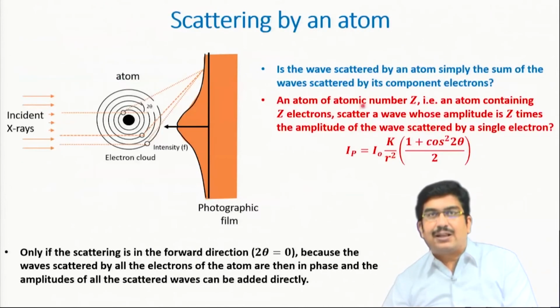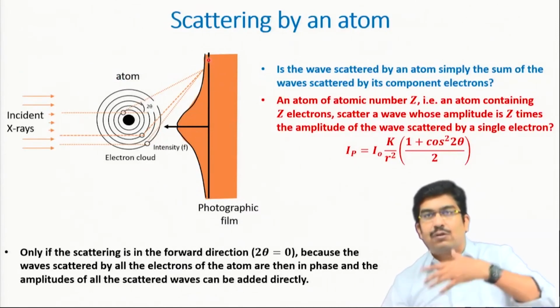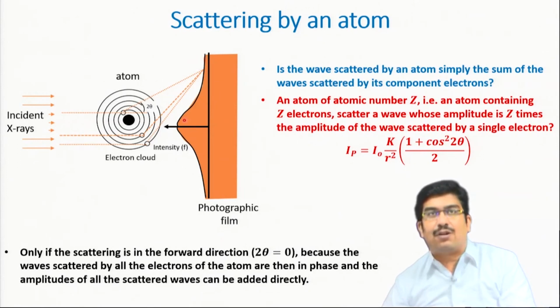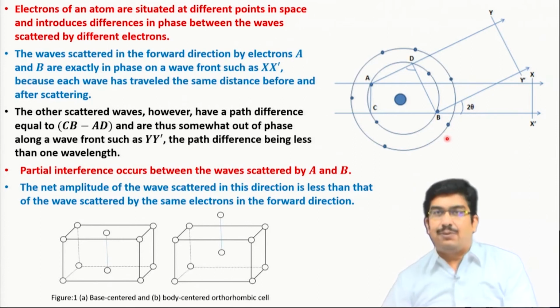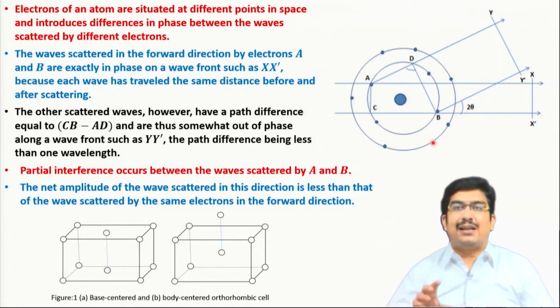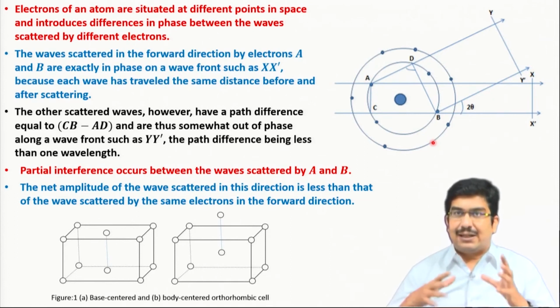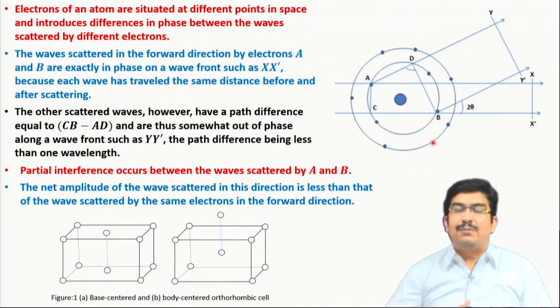In the forward direction only we will get maximum intensity, and the more we go further away from this forward direction, as the 2 theta is increasing, we will be getting lesser and lesser intensity.